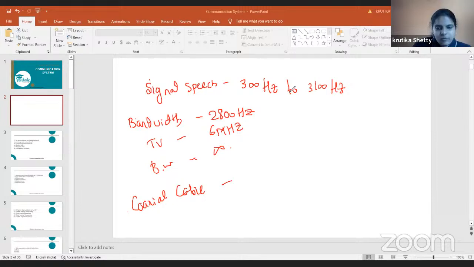The ground wave is also called surface waves, and after that there are more waves. Here we also have the sky wave.